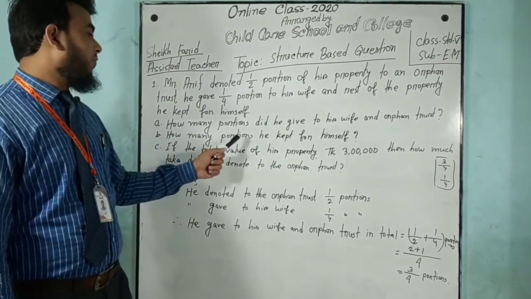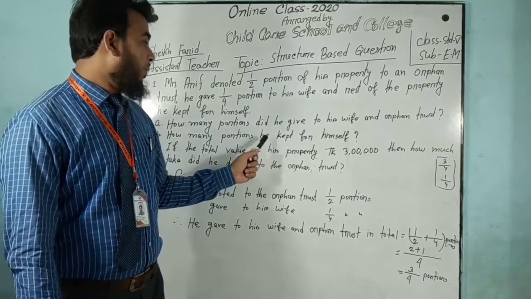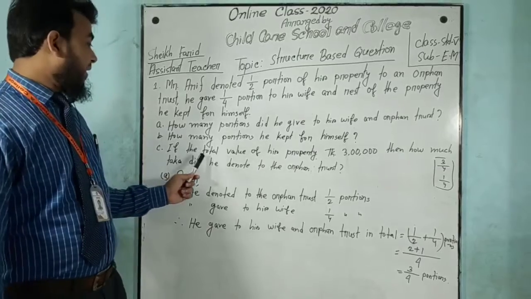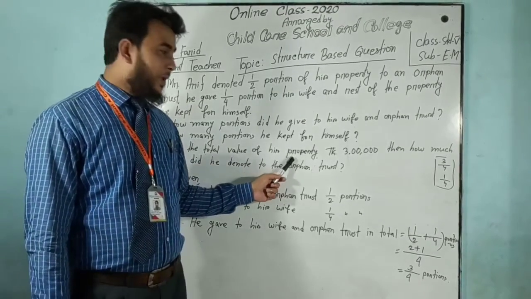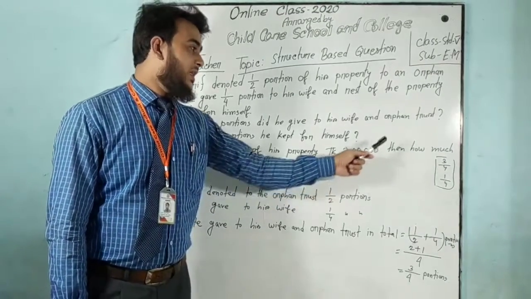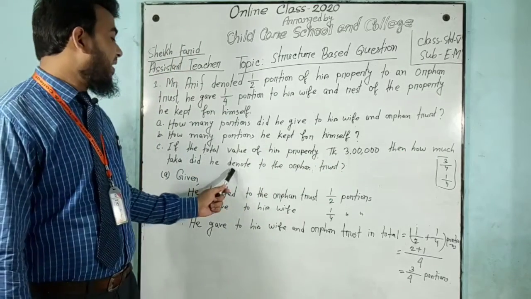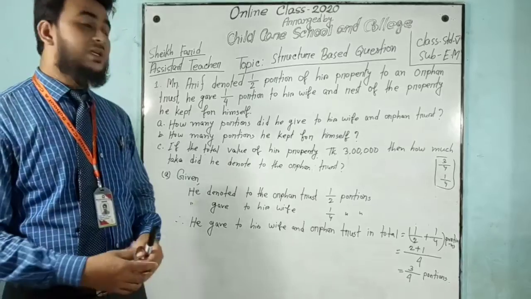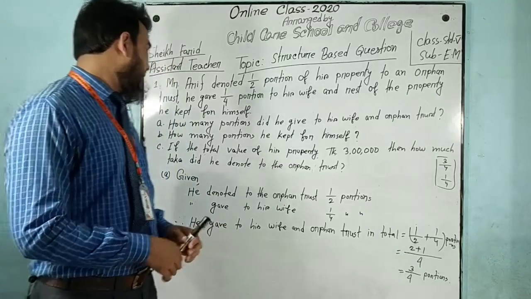B, how many portions did he keep for himself? C, if the total value of his property is 3 lakh taka, then how much taka did he donate to the orphan trust? Very easy. This type of question we have already discussed in my previous video.